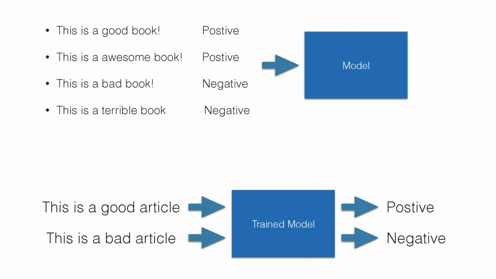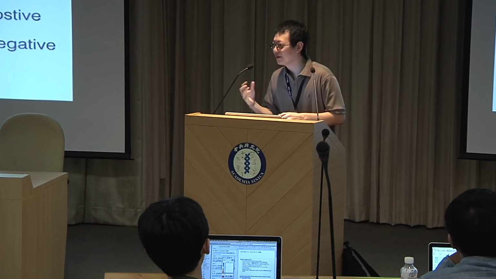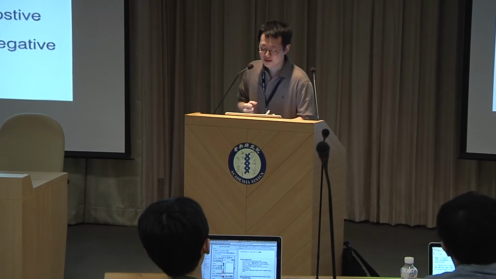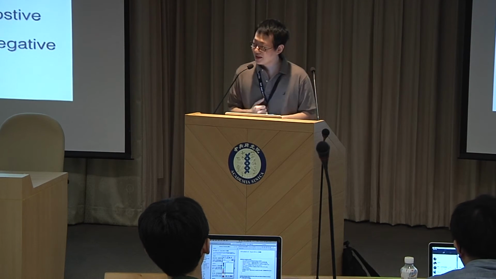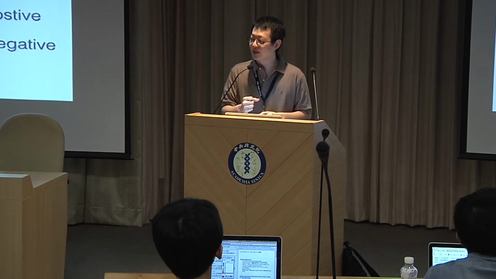This is an example we want to give our computers. In a real case, you will feed thousands of examples to your model. A model you can think of as a kind of algorithm, but a stupid algorithm, so you have to feed some data to it so that it becomes smarter. After the model becomes smarter, you can give it a sentence: this is a good article. This time we will not give it the positive or negative label.